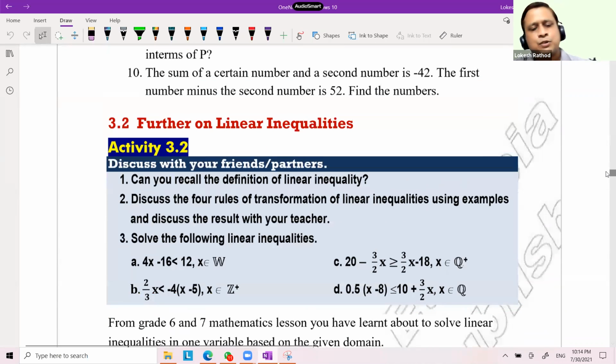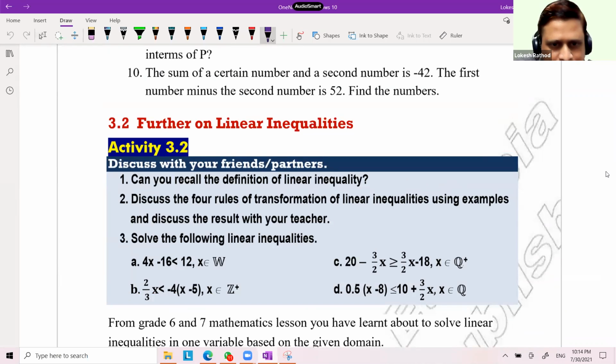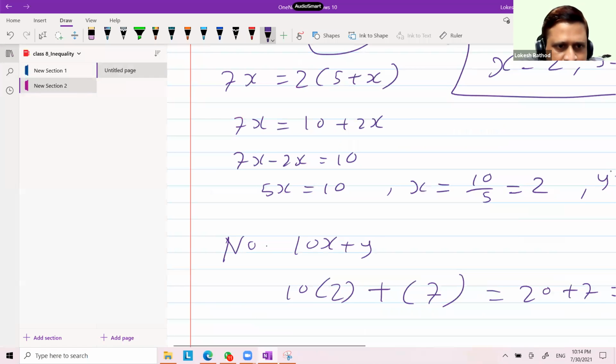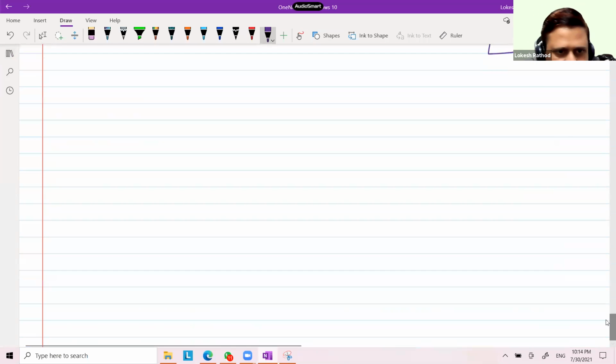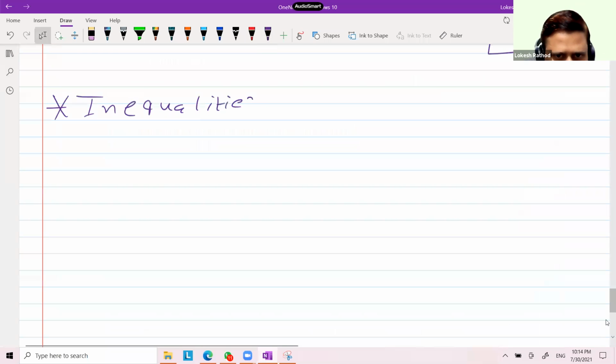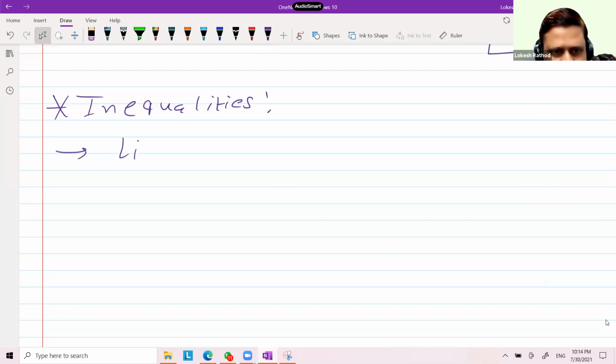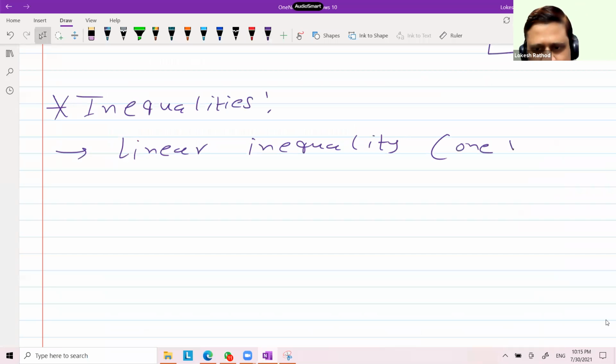Now the concept of inequalities, right? And we will be discussing linear inequalities. So inequality you will be learning like this. First, you are learning linear inequality in one variable, right? Which you have done in it, right?